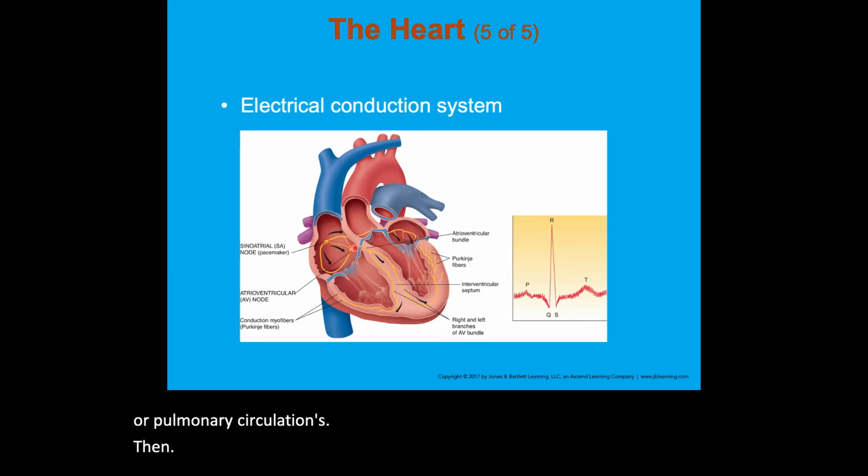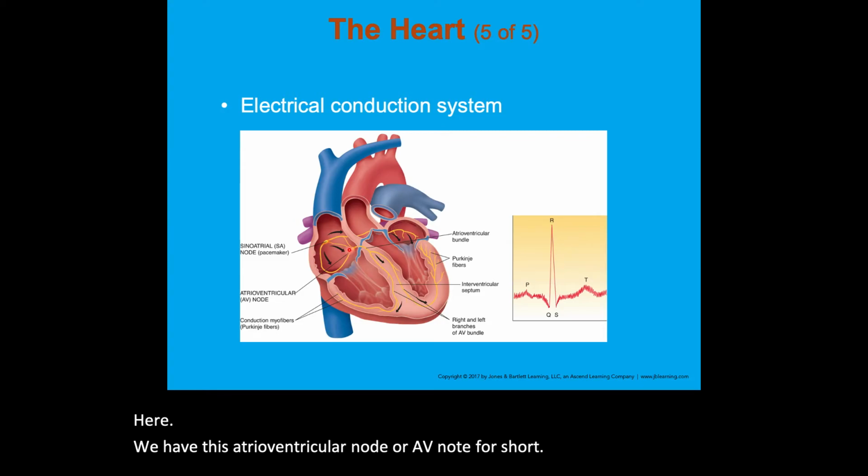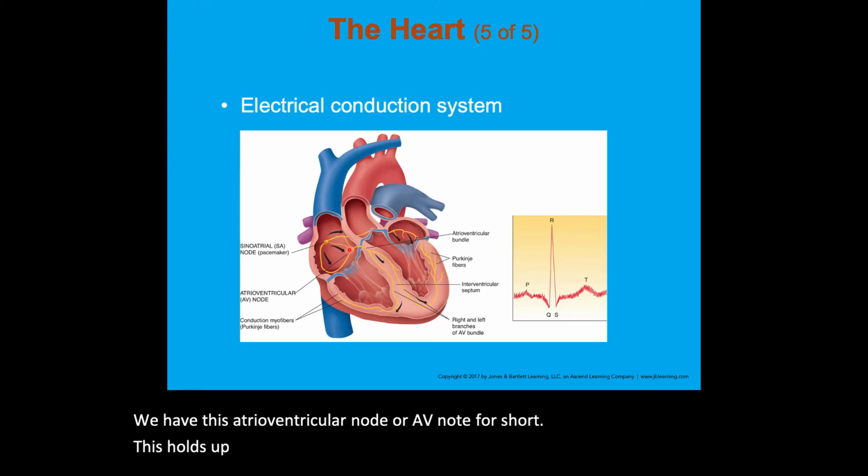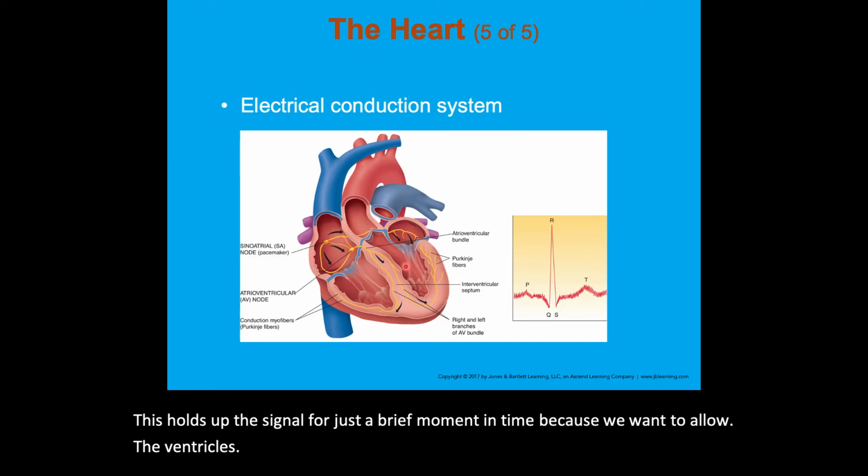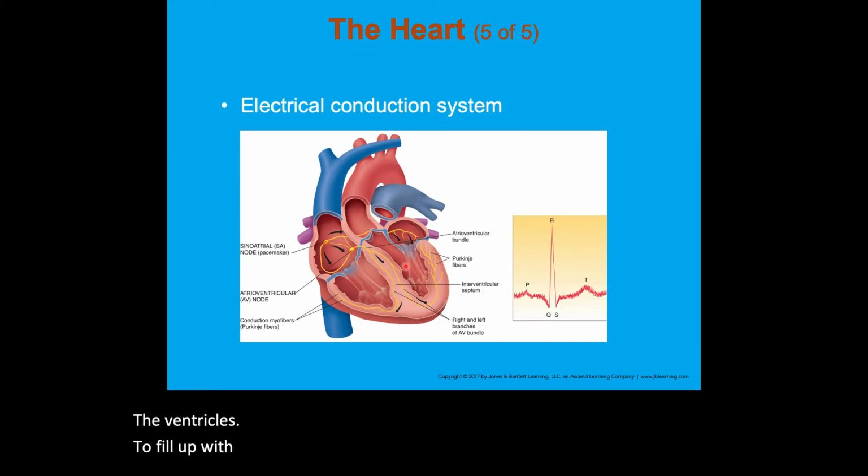Then here we have this atrioventricular node, or AV node for short. This holds up the signal for just a brief moment in time because we want to allow the ventricles to fill up with an adequate amount of blood.